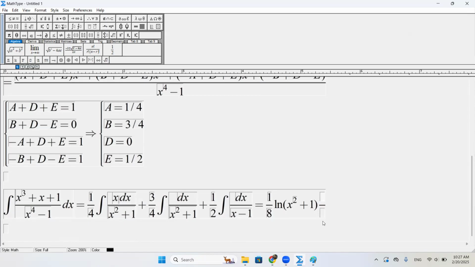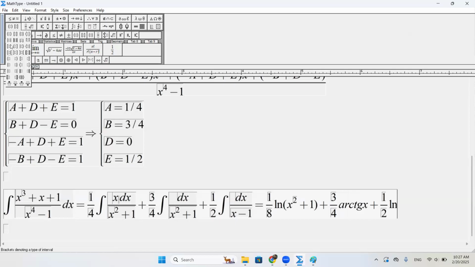Yeah, it is arctangent actually. So plus 3 over 4 arctangent x and plus 1 second logarithm of module of x minus 1 plus c.